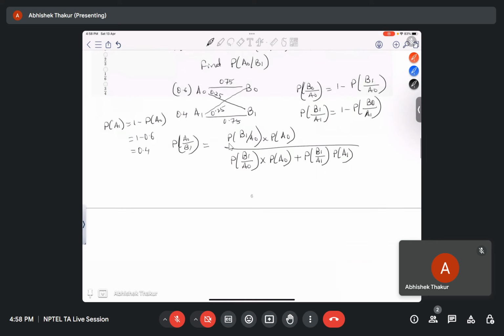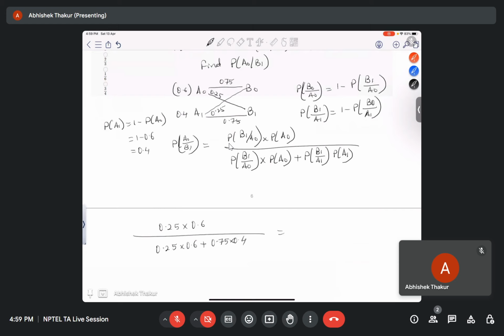So now we have all these probability values. Probability of B1 given that A naught has occurred is 0.25 and probability of A naught is 0.6, divided by 0.25 times 0.6 plus probability of B1 given that A1 has occurred, 0.75, times 0.4.